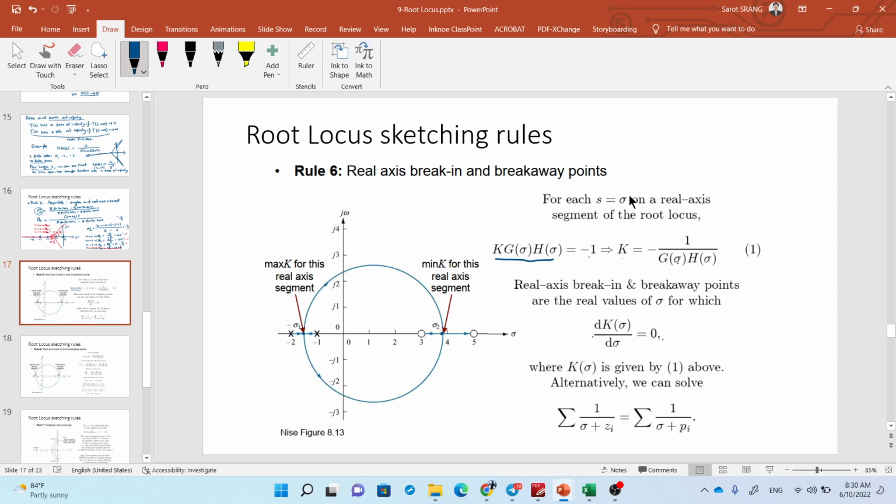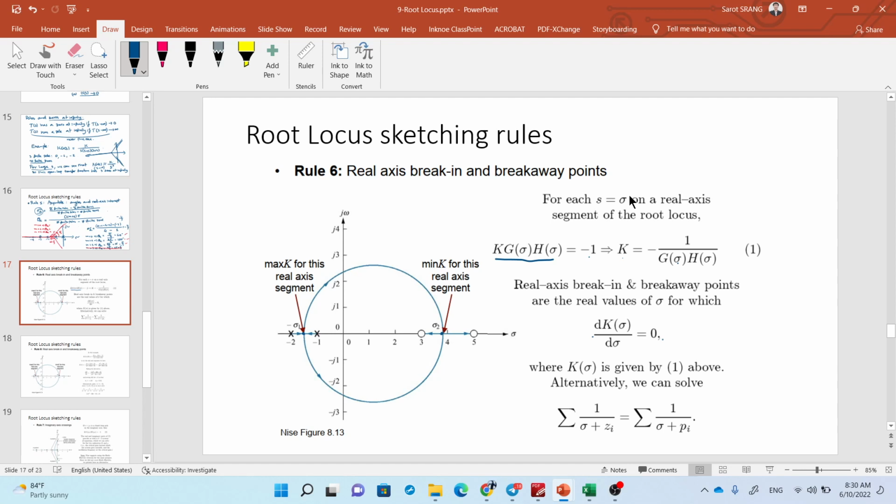Sometimes we just need to know an approximation. To design a controller we don't need to know the exact values, but the most important thing is to know the shape, how you can draw the root locus in a particular way.